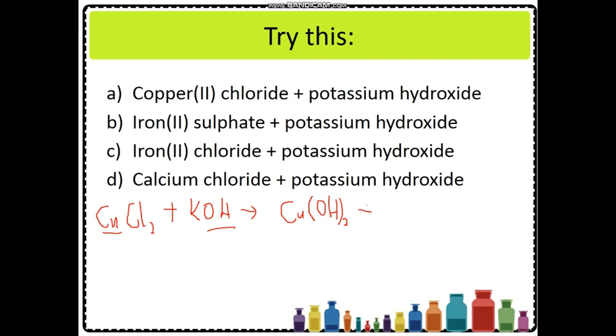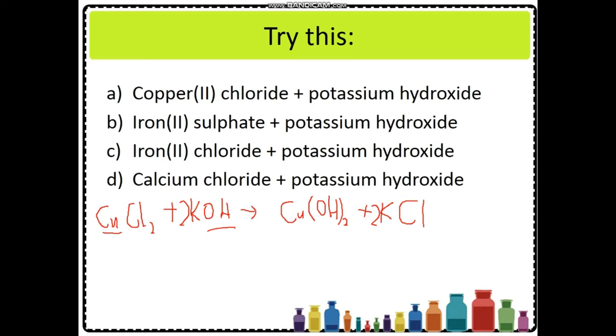The balance is K combined with Cl negative, so it becomes KCl. Next you need to balance the equation. Here we have 2Cl, here 1Cl, so you must put 2 here. So it becomes 2Cl and 2K. Here K is 1, so you put 2. The rest is balanced. This is the chemical equation.